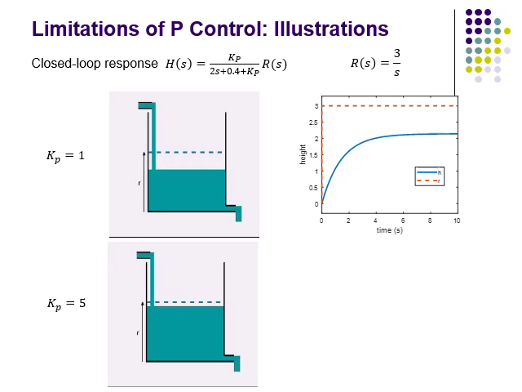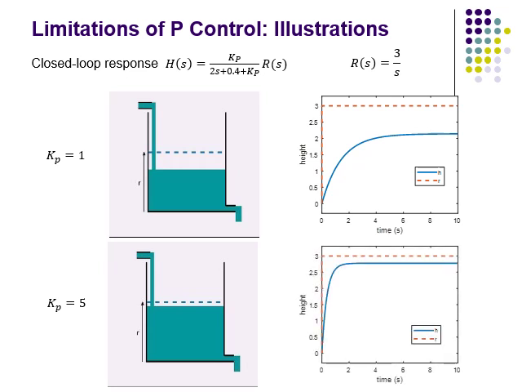The height of fluid increases over time, but we can see two important differences between the first case and the second case. One is that in the second case, the height of fluid reaches a steady value more quickly, so the system responds more quickly. In this case, the settling time of the system is around 2 seconds.